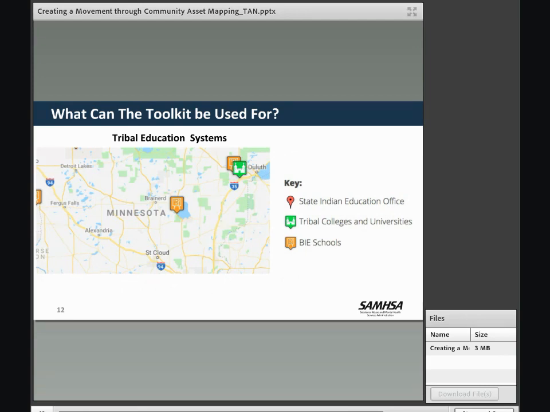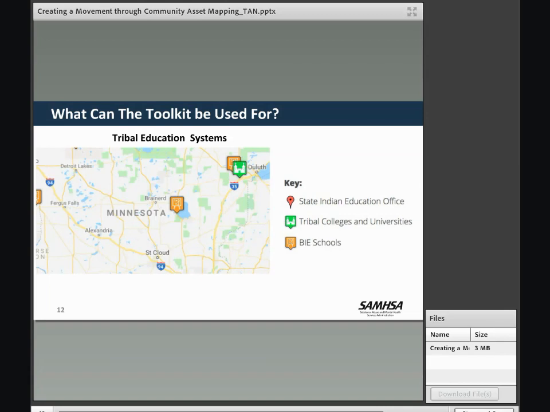And also tribal education systems. Tribes and Native communities continue to develop and frame education systems that reflect the community's needs and educate students consistent with their cultural values and beliefs. And so community asset mapping can assist tribal communities in really developing tribally led, culturally based curriculum.